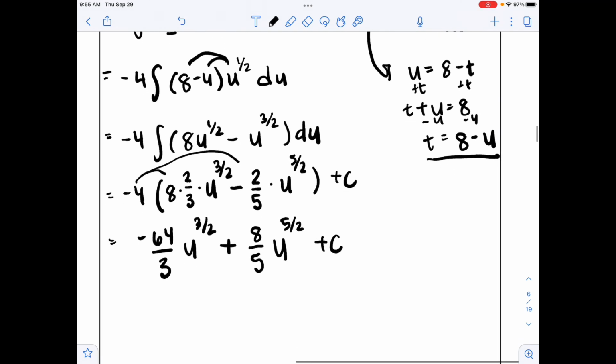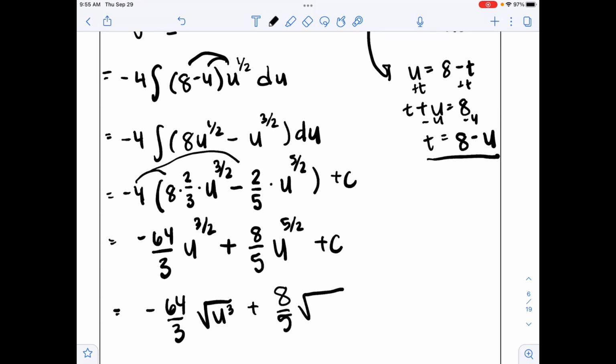And then rewriting this in terms of radicals instead of rational exponents, I'm going to have negative 64 over 3, the square root of u cubed, plus 8 over 5, the square root of u to the 5th, plus c.